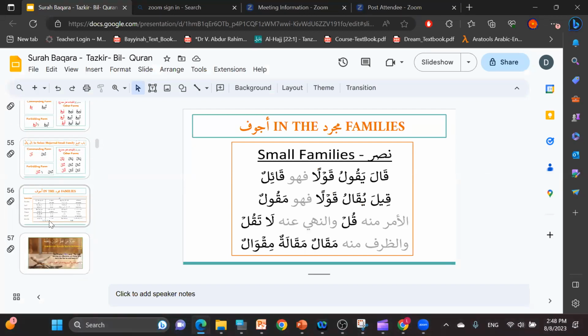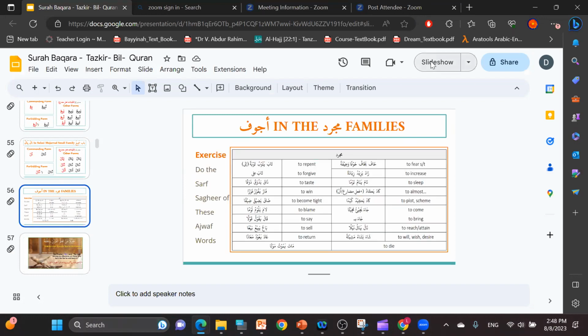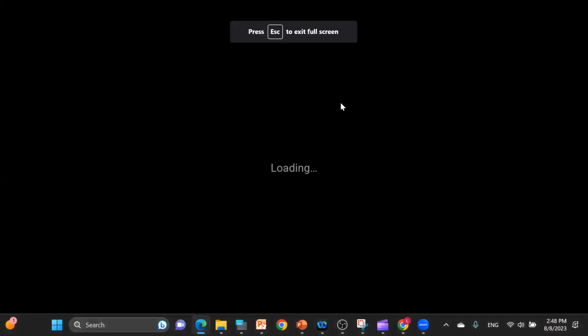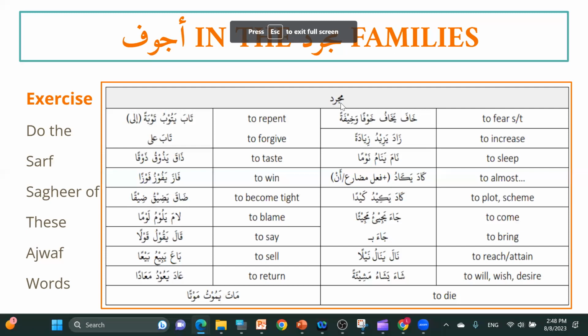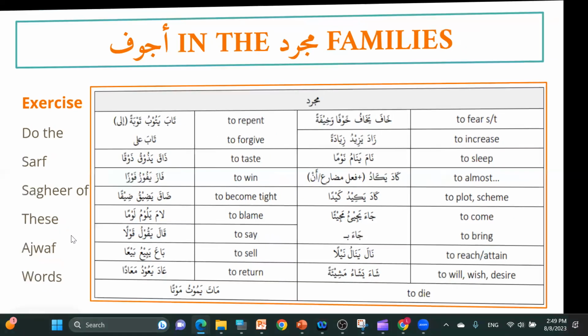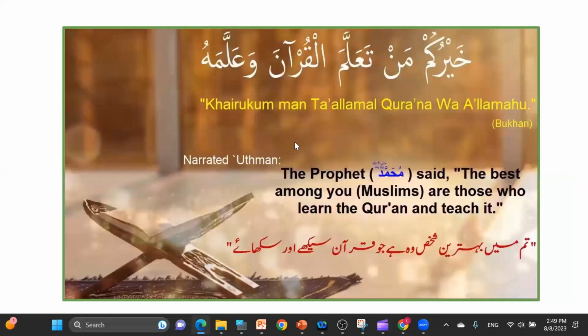Ajwaf irregularity in the Mazid Fihi family, and this is the exercise that you need to do, and we are going to practice this in the live session. So these are Ajwaf words, and you need to do the sarf saghir of these Ajwaf words. Inshallah we'll do it in our live session.